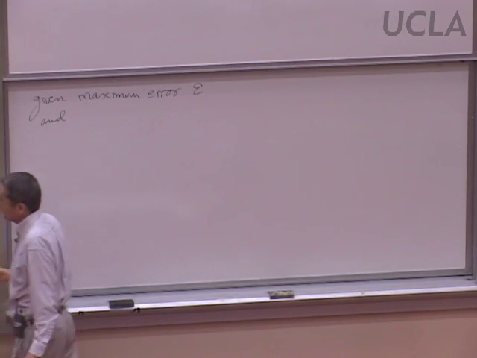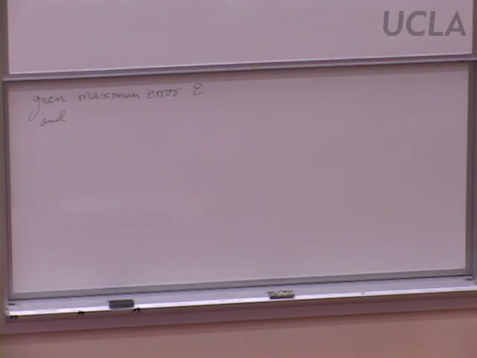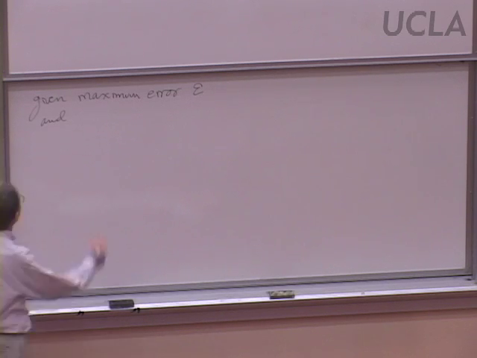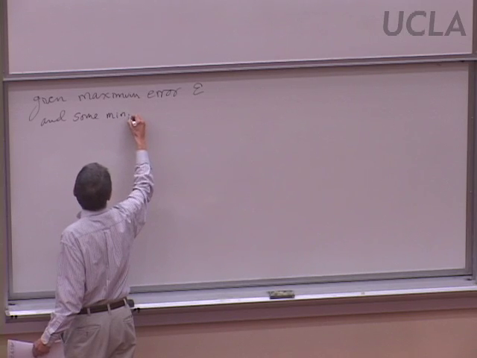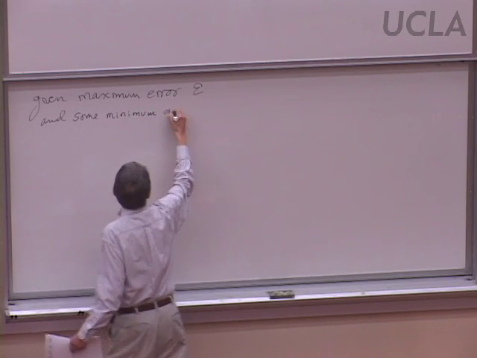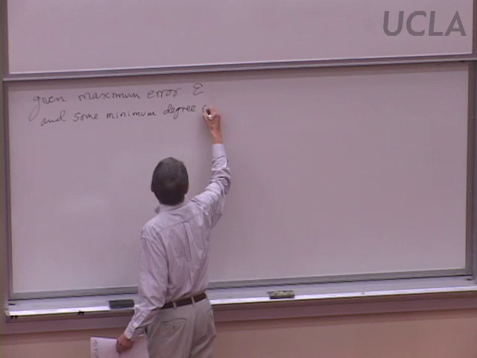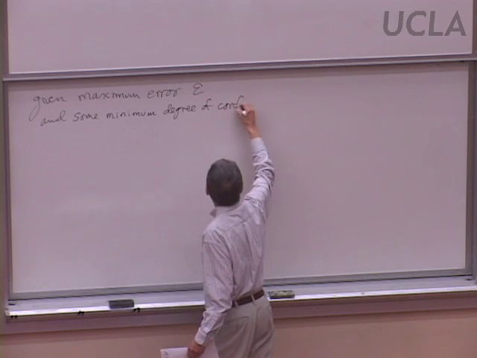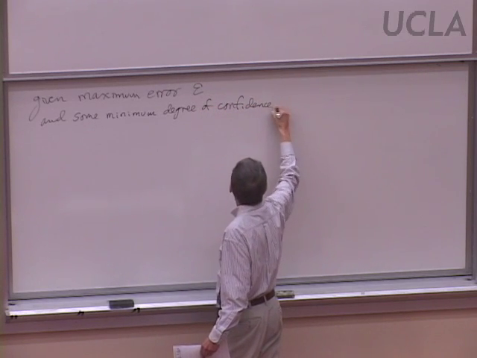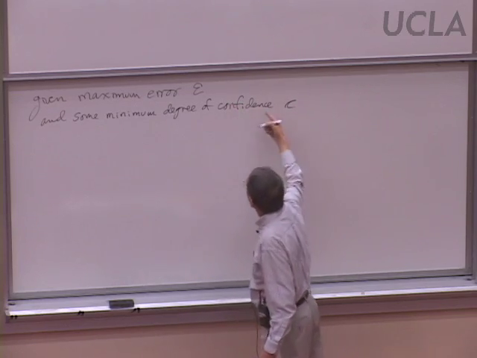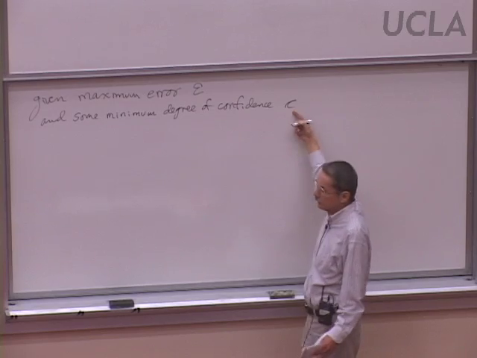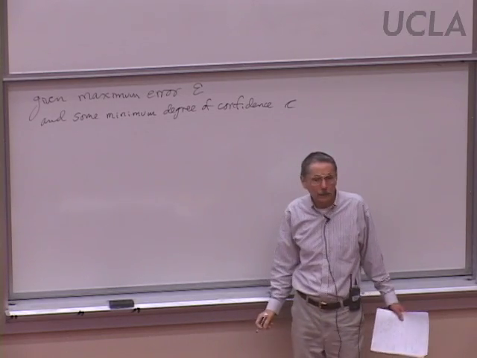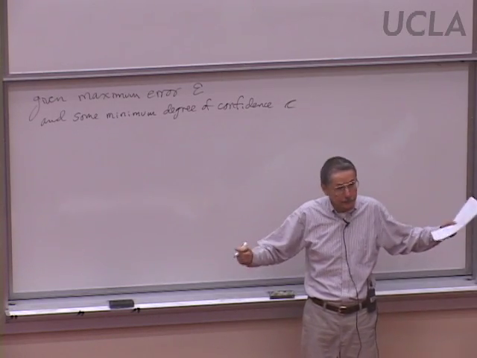Well, we can't be sure, but we want some high probability. So we're given some minimum degree of confidence, call it the number c. So epsilon is probably close to 0. c is probably going to be close to 1. We want to be pretty sure that the error is small.